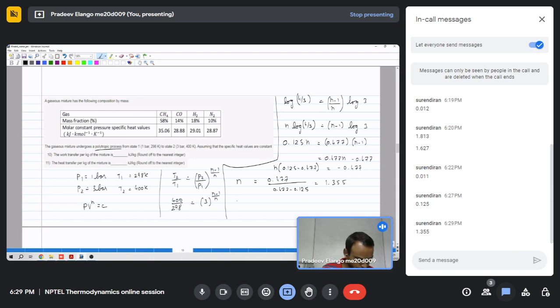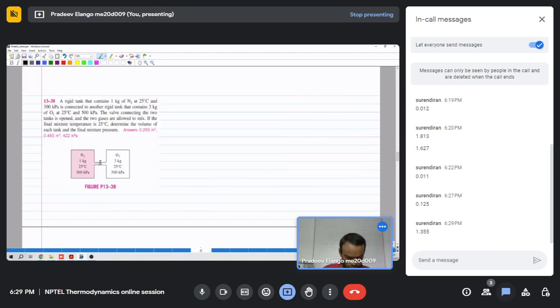Now we know the work transfer W is P1 V1 minus P2 V2 by n minus 1. So this can be written as R of T1 minus T2 divided by n minus 1.